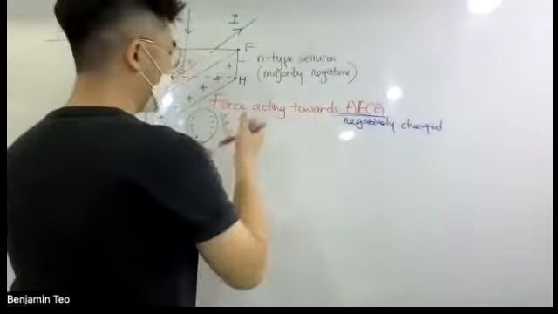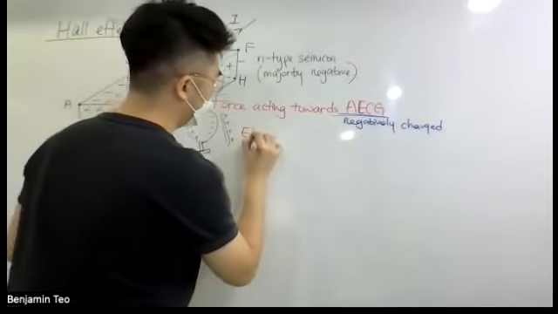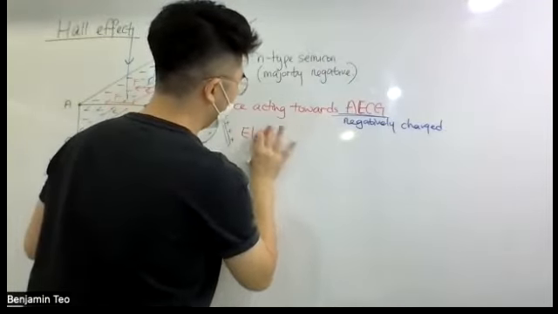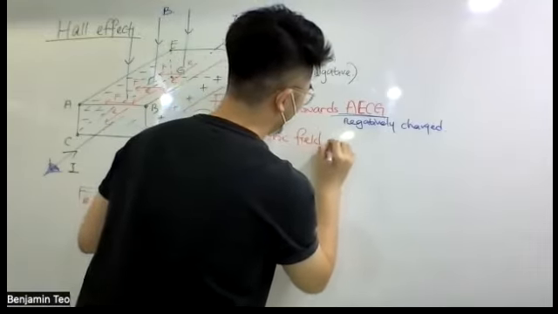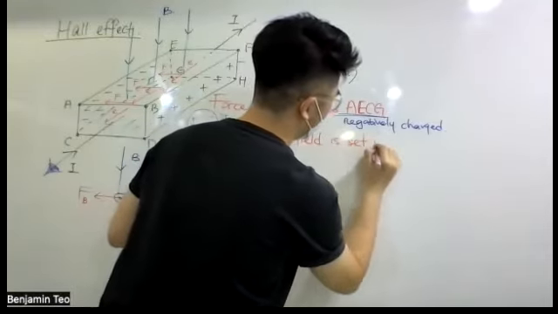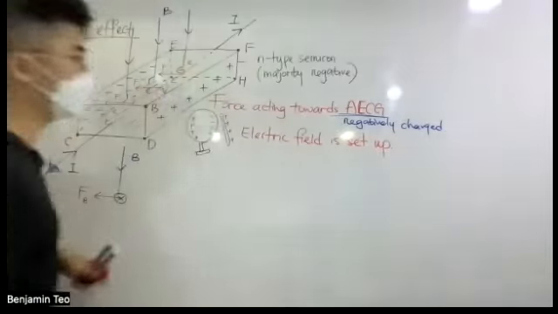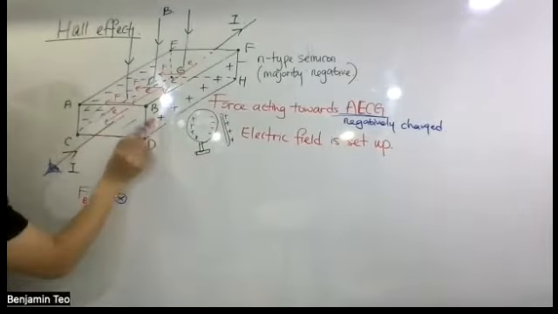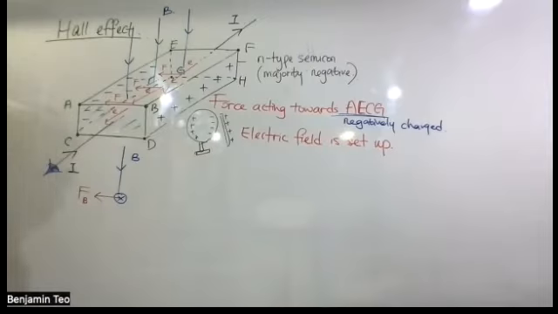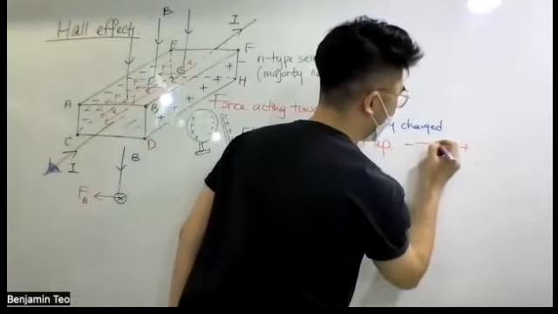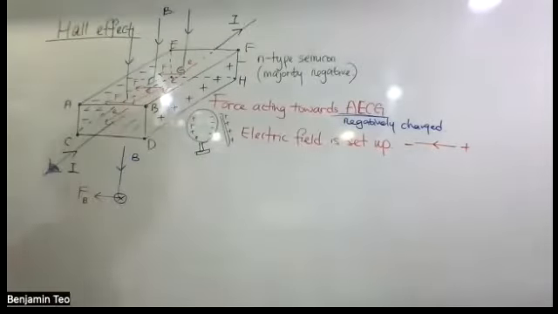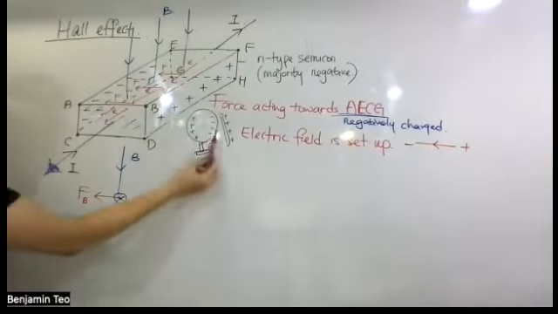So I write down here, electric field is set up. Where is the electric field pointing? Always from positive to negative. Field is pointing positive to negative.